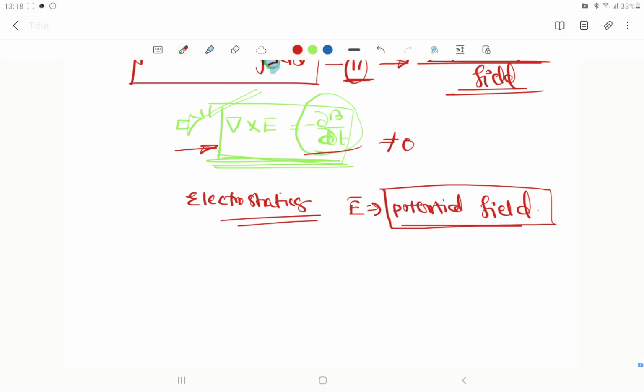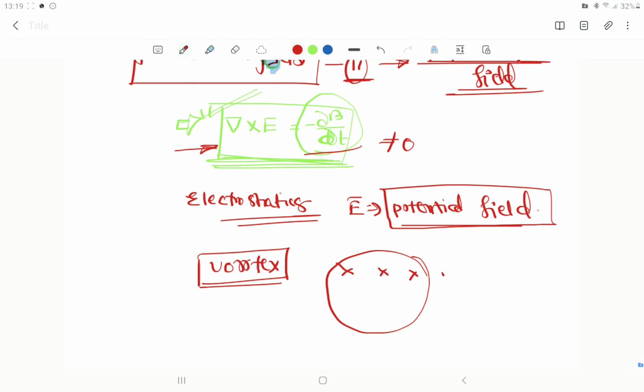If some of you don't know what a vortex field is, in simple words, the vortex means the rotating part of a tornado or any fluid. Why are we calling the magnetic field a vortex field? Because if this is a magnetic field and an electron enters here, then it just rotates in a circle, and I guess that's why we call the magnetic field a vortex field.